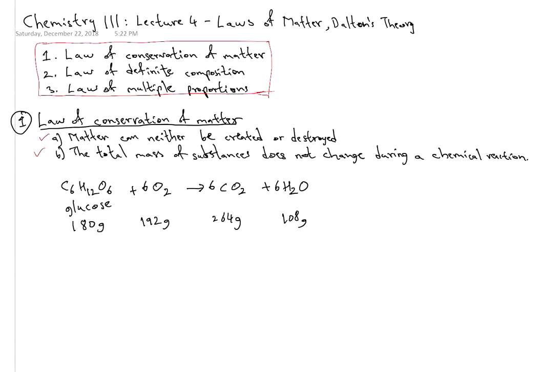So let's take an example of a chemical reaction shown in front of you. Glucose, which is C6H12O6, undergoes combustion, in other words, reacts with oxygen, to give you carbon dioxide and water.